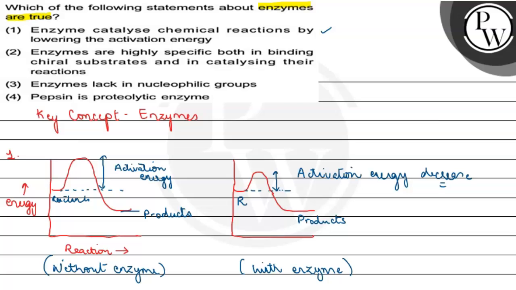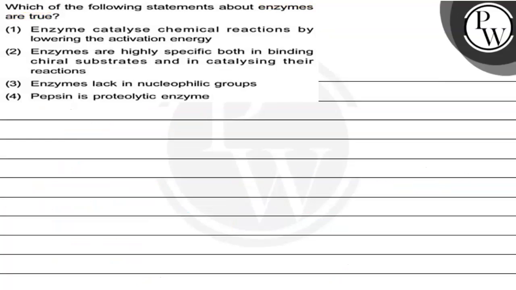अब सेकेंड स्टेटमेंट को हम देखते हैं विच सेज एंजाइम्स आर हाईली स्पेसिफिक बोथ इन बाइंडिंग द chiral substrate and in catalyzing their reaction. This statement is also correct because enzymes are formed from amino acid sequence. These are proteinaceous in nature which have a specific sequence.